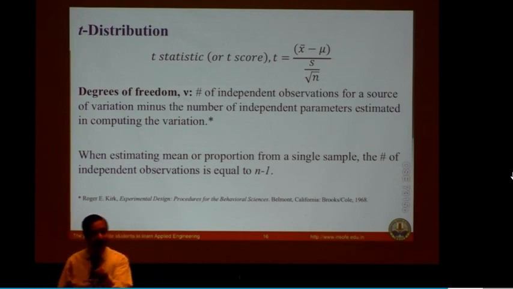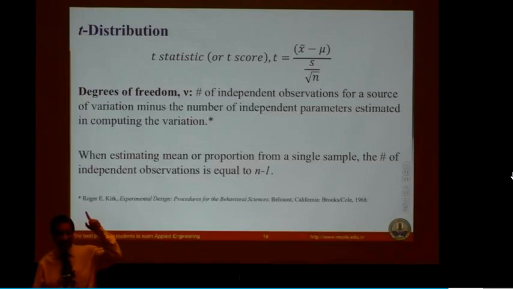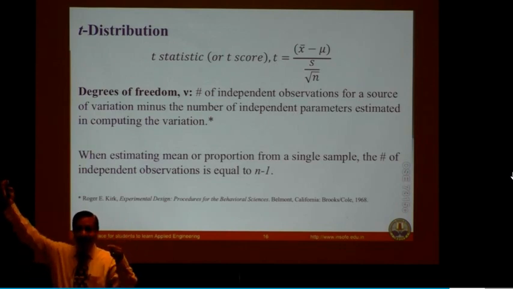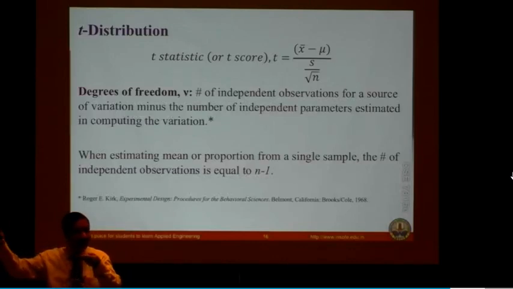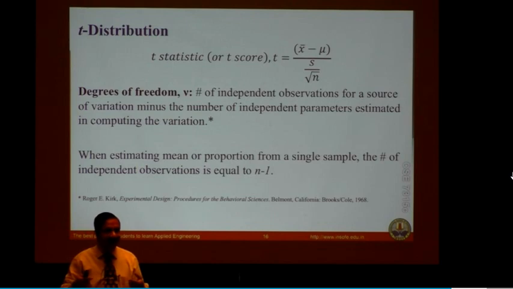I am calculating the sample mean and using that to calculate variance. So if I use a sample mean, then what will I do? X minus not the population mean. I use x minus the sample mean, and I am using that as an estimate. So I am losing 1 degree of freedom there. So I divide by n minus 1.